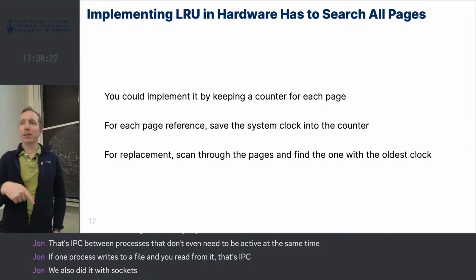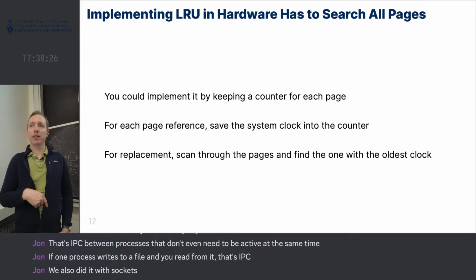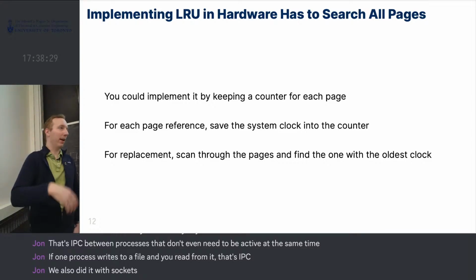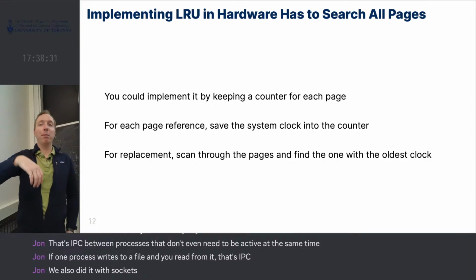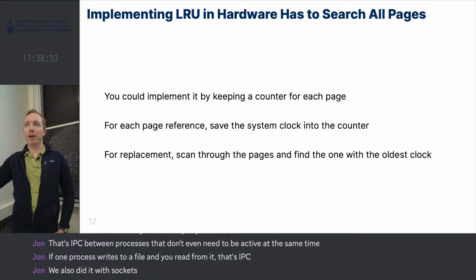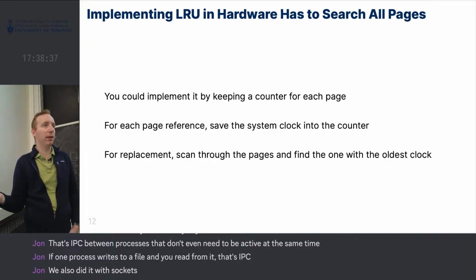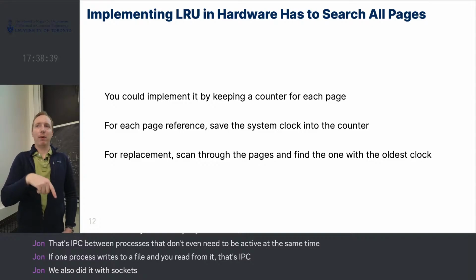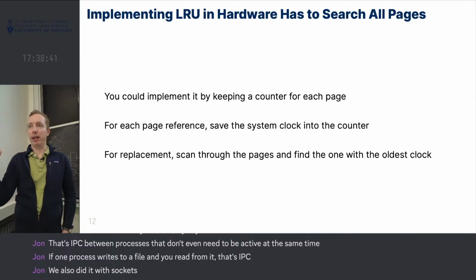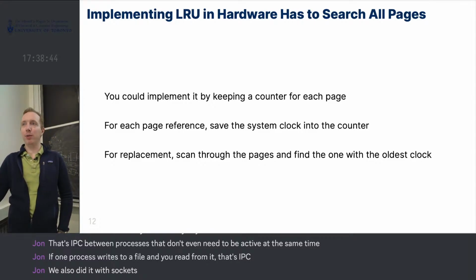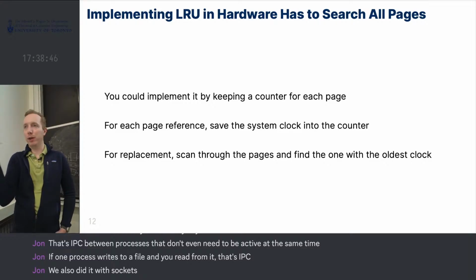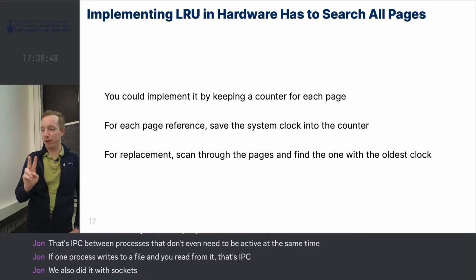As soon as you access one, put it last, and you keep replacing the first. Either I could put the most recently used thing at the front or the back, it doesn't really matter. If I put the most recently used one at the front, that makes the back the least recently used one, or I could do it in the other order. It doesn't matter as long as I'm consistent.